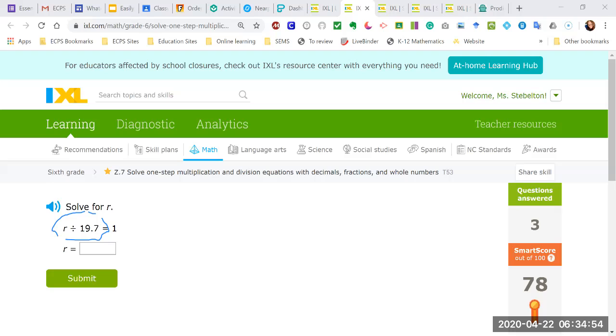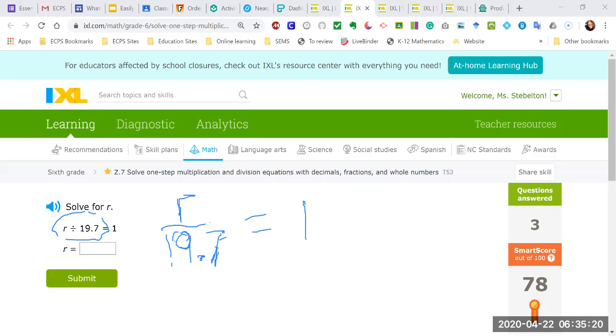So the first one, which is R, goes on top. And then on the bottom is 19.7. Okay, and then that's going to be equal to 1.